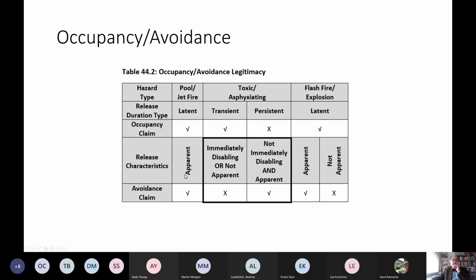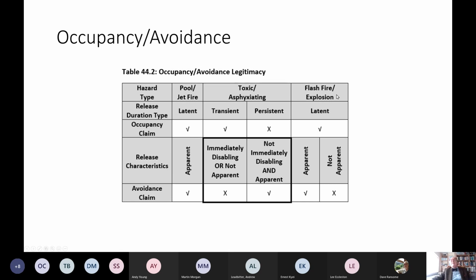If the release is apparent, so it would be self-evident to anybody that was in the area or approaching the area, then we can make a claim for avoidance, in the expectation that they would recognize the hazard and either terminate it or remove themselves from the hazard zone.